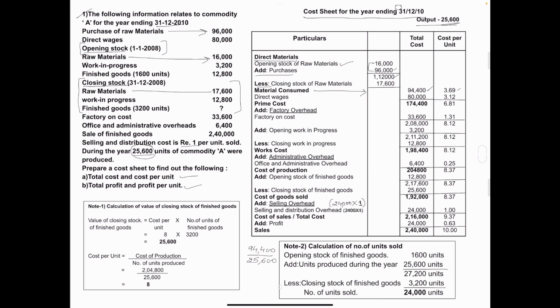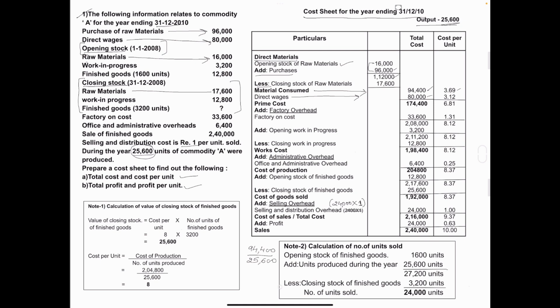Next we'll go to other items. Any direct expenses or any direct overhead if they have mentioned in the problem, that we have to take here before the prime cost. So in this problem they have given direct wages. So we have to take here direct wages, that is 80,000.